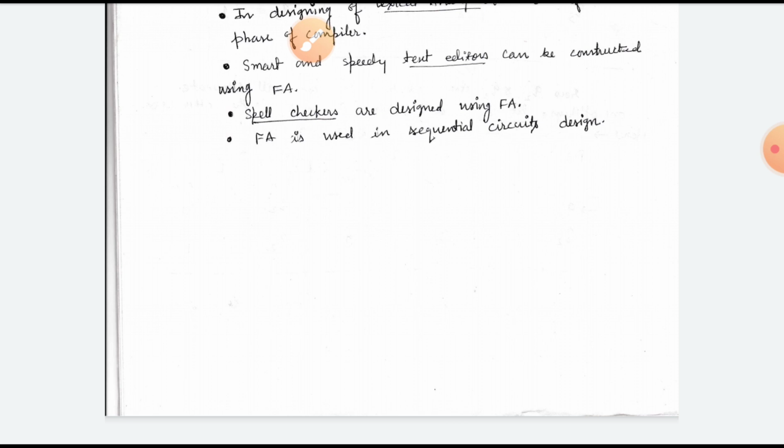Optimization is actually done to reduce cost.